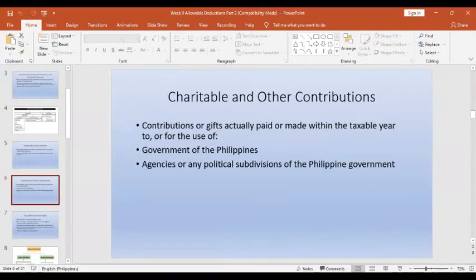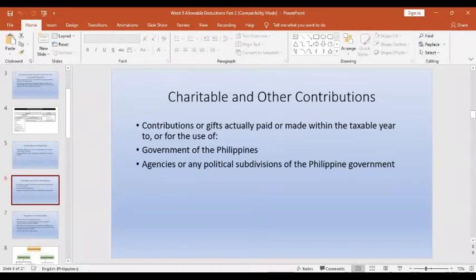Please take note that we have the following rules on how this charitable contribution can be an allowable deduction. First, if this donation or gift of the taxpayer is donated to the government of the Philippines and agencies or any political subdivisions of the Philippine government.